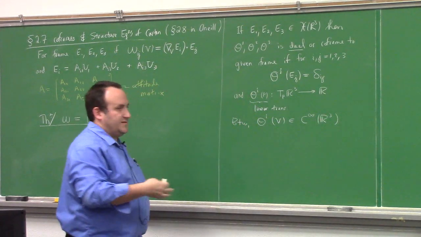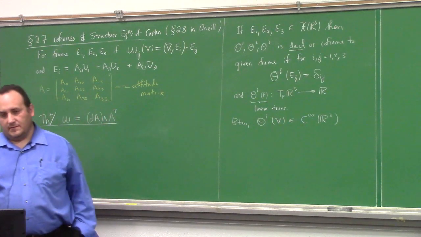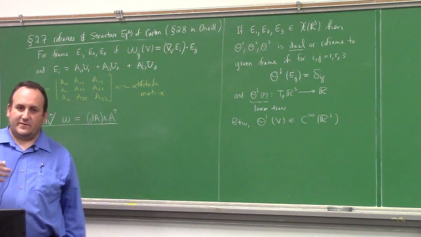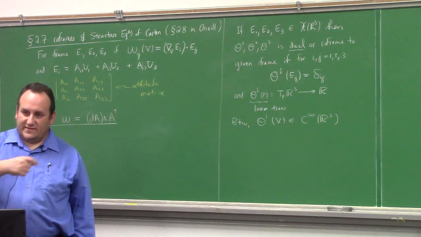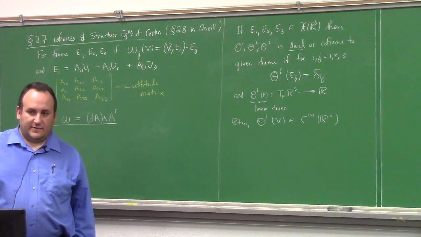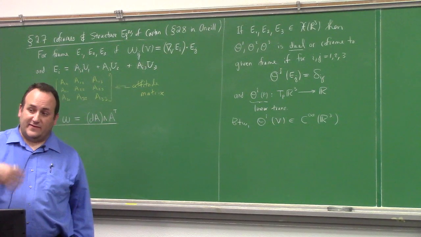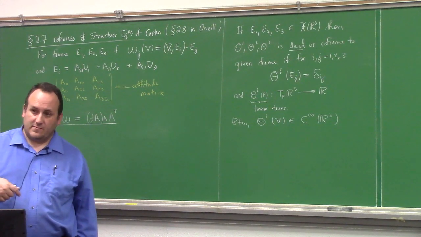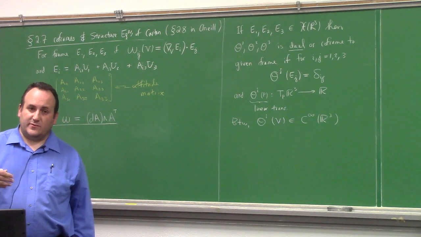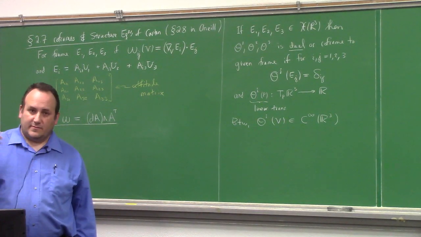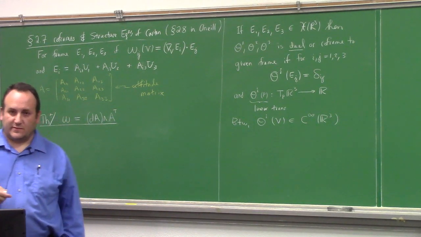So if I feed a one form a vector field, what I get is a smooth function. If I fix the point, if I let a one form at a point act on a vector at a point, I get a number. But because the one form and the vector fields are both smooth, when you put them together and construct a function in this way, you get a smooth function.